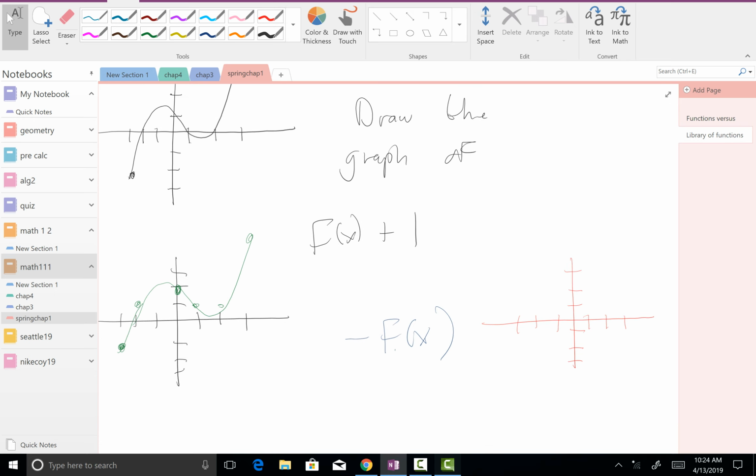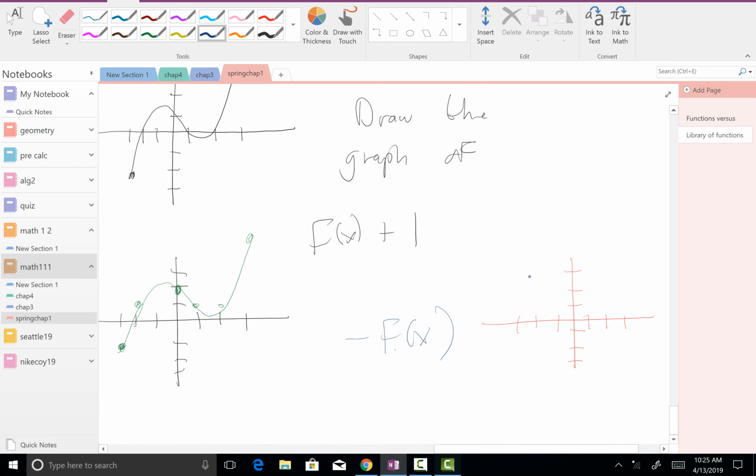Basically what's going to happen is that this point, which is right here, is going to go where? It's going to go up there. So everything that's here is now going to go here. Where's this loop going to go? It's going to come down. Where's this loop going to go? It's going to go up. So we're reflecting it. You probably would be able to just about visualize this pretty well.